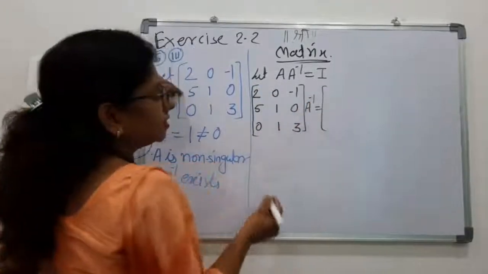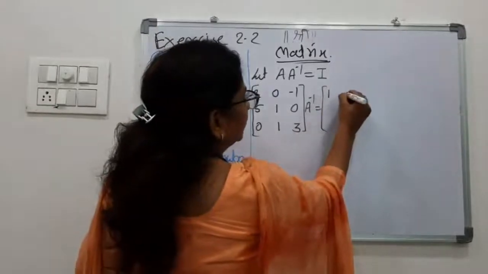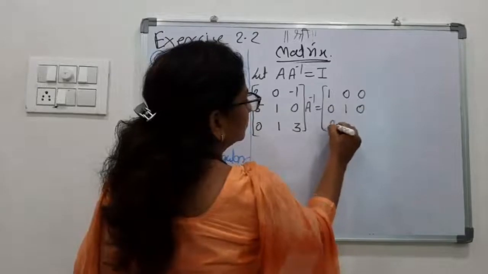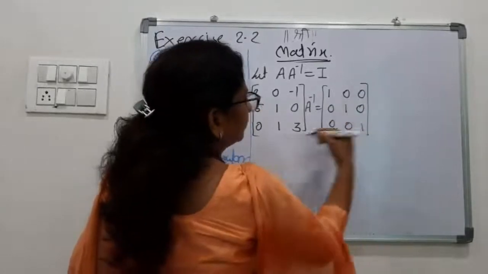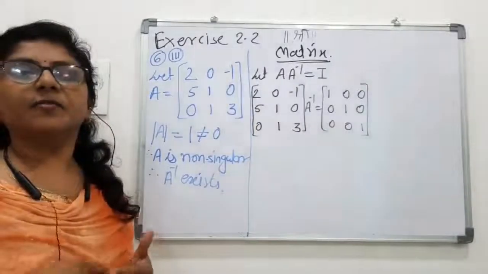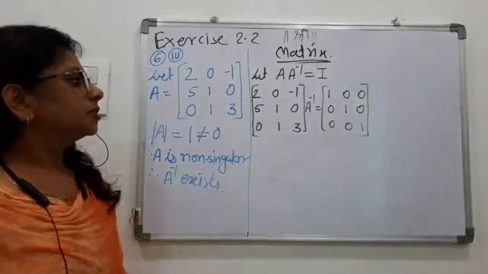Now again, this is a 3 by 3 matrix, so apply identity also 3 by 3. Notice which operations are preferable, whether row transformations or column transformations.